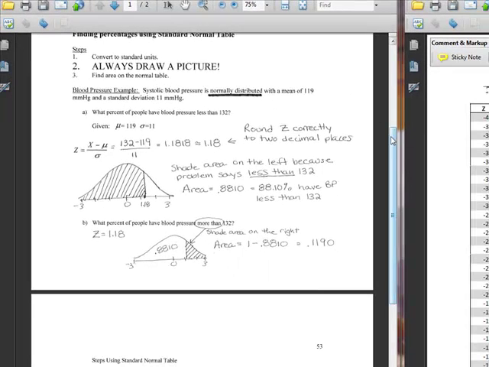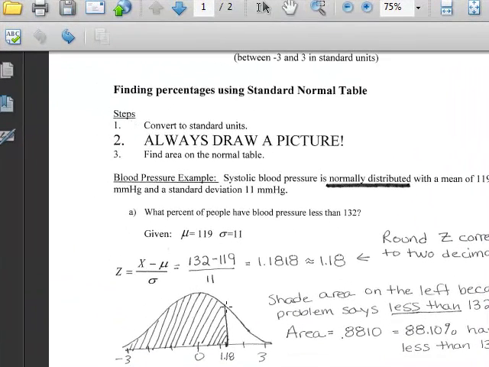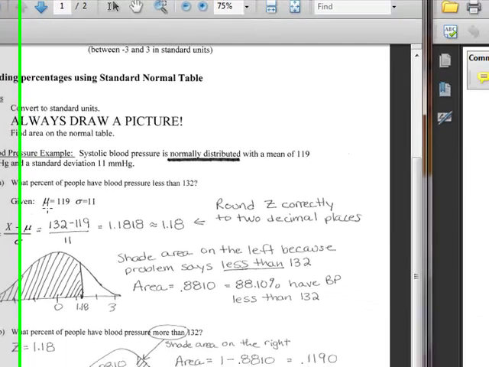Our first step is going to be to convert to standard units, and we do that using this formula: z equals x minus mu divided by sigma. Actually, our very first step is that you should always write down your givens.